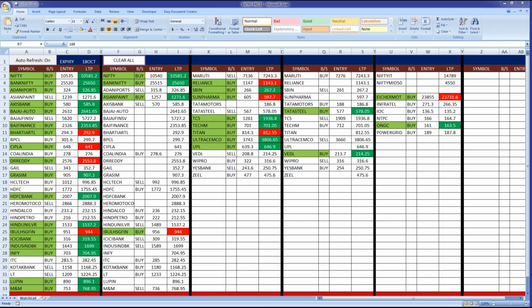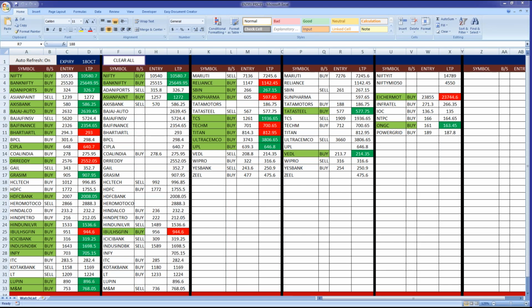India Bulls, our entry was 951. It did make 962, so roughly around 10 rupees it's already made. So you could have come out of that particular trade. Now Titan, let me just get into Titan. So Titan, my entry was 814 and it did make 817.